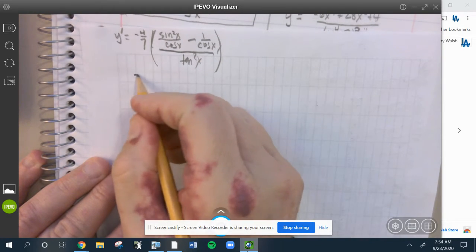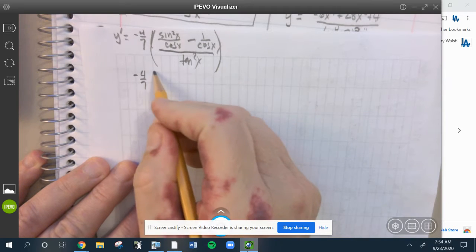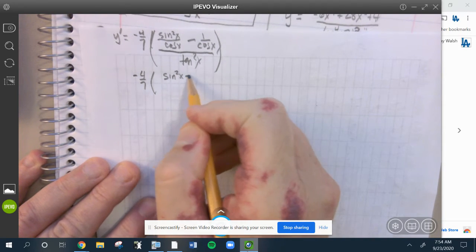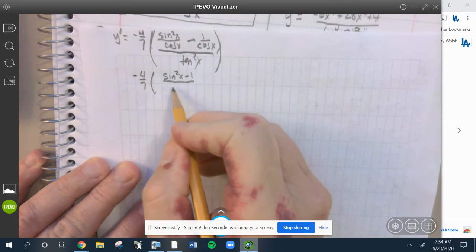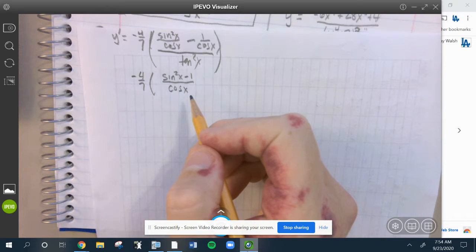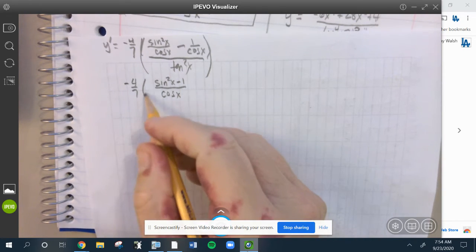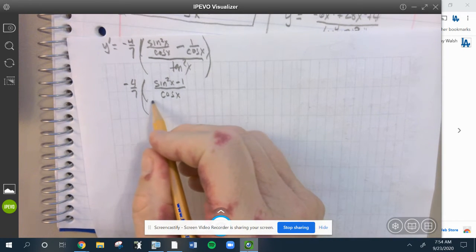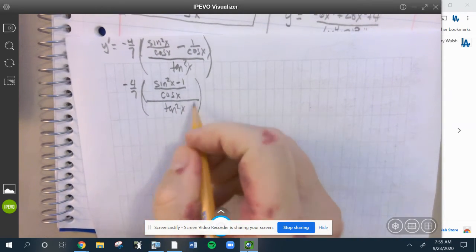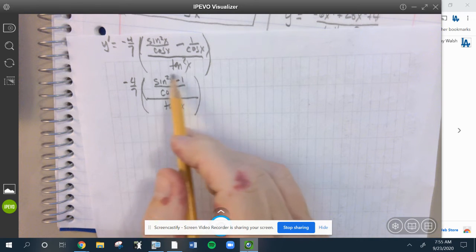So next, you have sine squared x minus 1 over cosine, all over tangent squared. This looks pretty familiar.